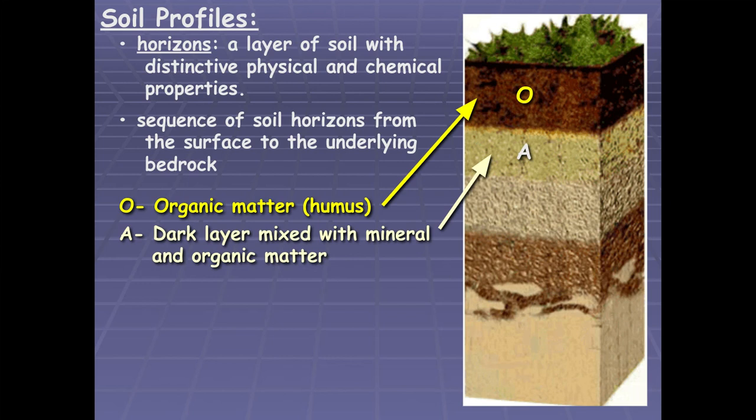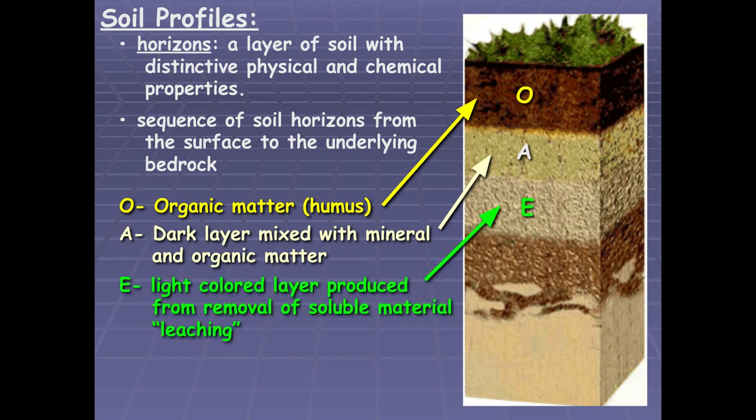So as the water continues to percolate and trickle down and move through the soil horizons, it now begins to leach dissolvable or soluble material from the A layer. And when we say soluble, we're talking about material that's easily dissolved into the water, and it basically leaches the A layer, and now it moves into depositing a very light colored layer, and this is known as the E layer.